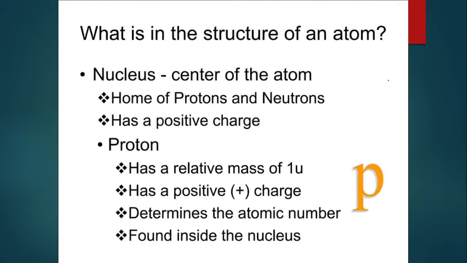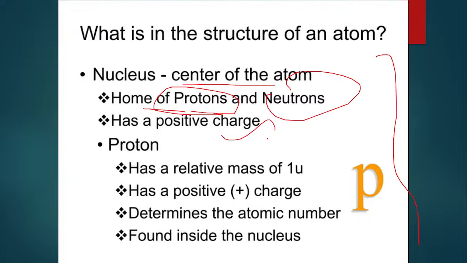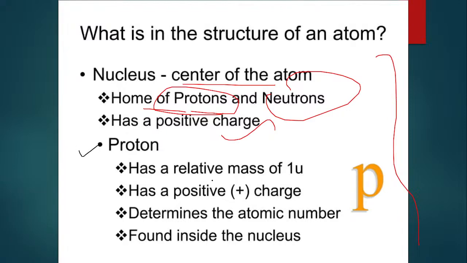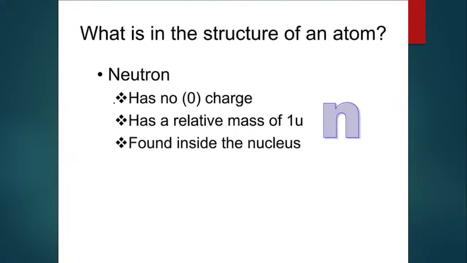So here the significance is given that the nucleus, that is the center of the atom, comprises protons as well as neutrons, and has what kind of charge? Positive. Perfect. Protons have relative mass 1u and positive charge, determine the atomic number, and are found inside the nucleus.